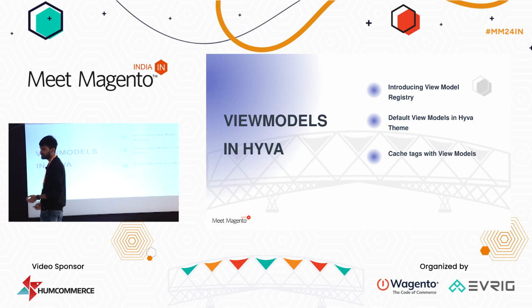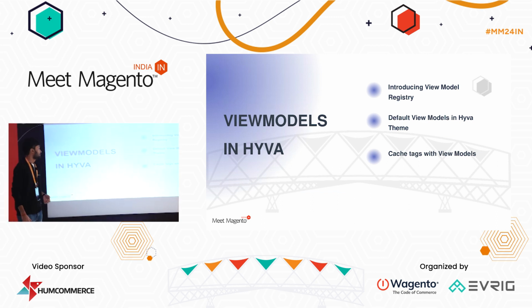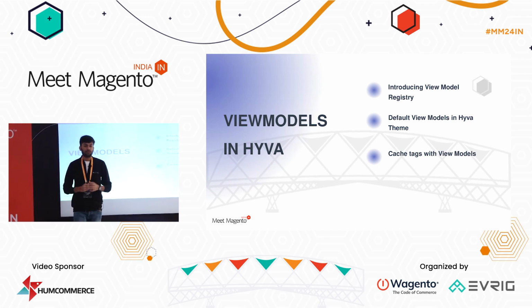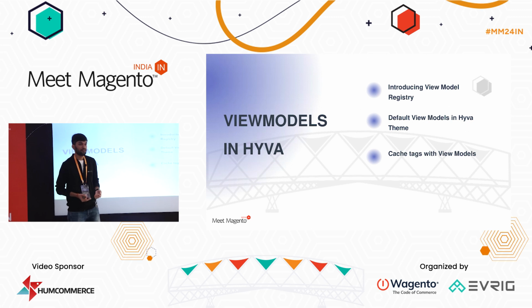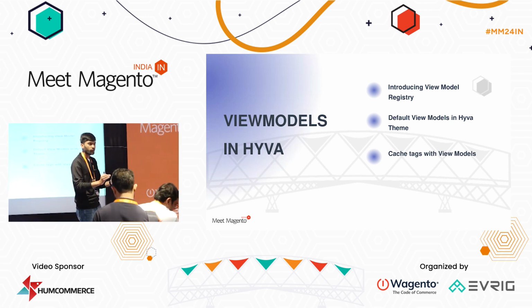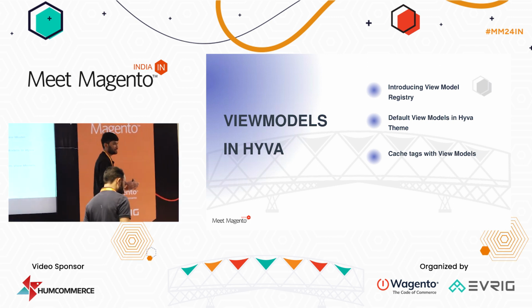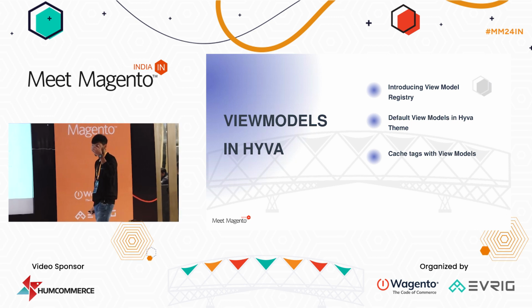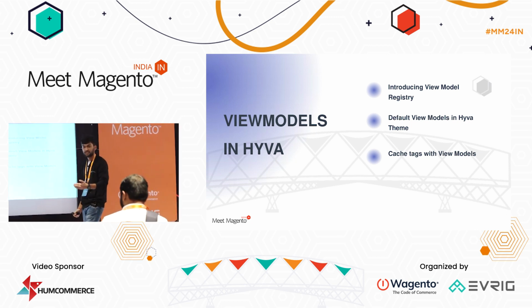Right? Yeah, we discussed view models earlier. Earlier in Magento, I would say still in Luma, we need to add a lot of boilerplate code to just inject a view model into the PHTML file, right? Suppose we need to add 5 view models, then we need to inject each of the 5 view models individually.